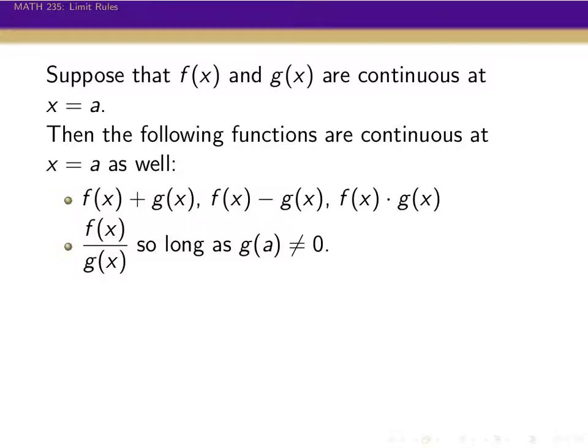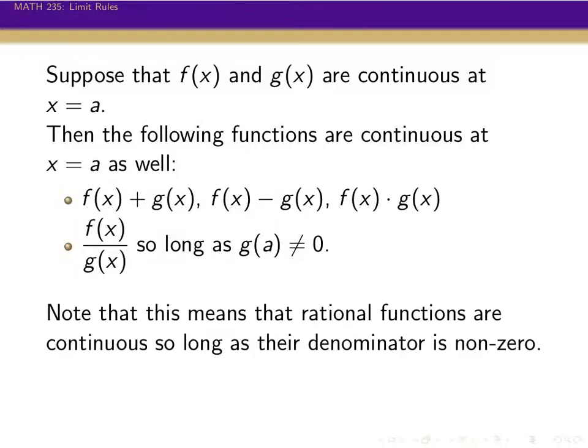And that comes from the rule that we can take the limit of f of x over g of x, so long as the denominator is not going to 0. Well, what are rational functions? Rational functions are just one polynomial divided by another polynomial. And so this last rule tells us that rational functions are going to be continuous whenever the denominator is not 0.